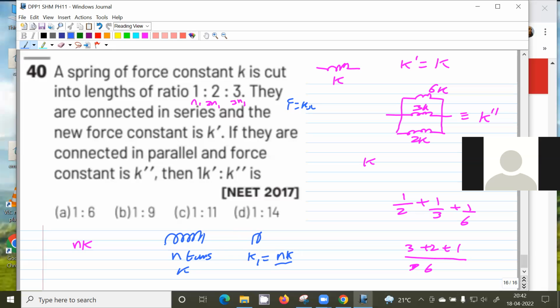Suppose we want to compress this 5-turn spring by 1 centimeter. Each turn has to compress by 1 by 5 centimeter, right? Because the total compression is 1 centimeter. So if you compress this spring as a whole by 1 centimeter, each one has to compress by 1 by n.